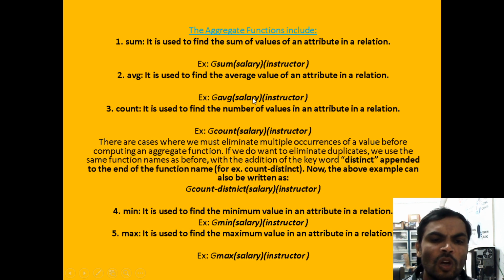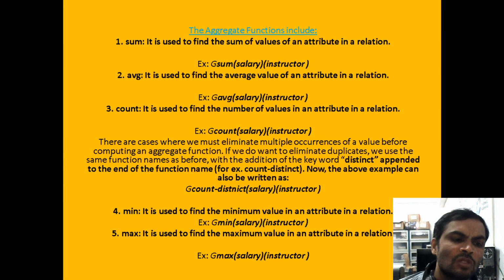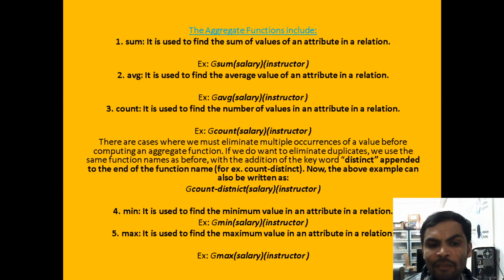Now if you want to count the records, or count the employees under the organization, we should use the count function. There are cases where we must eliminate multiple occurrences of a value before computing the aggregate function.